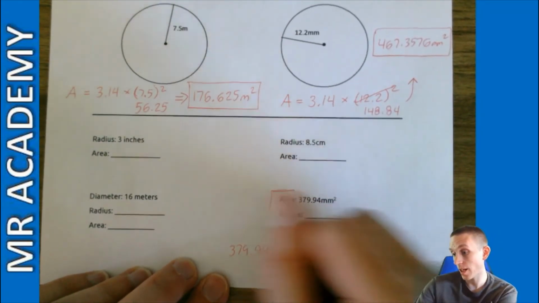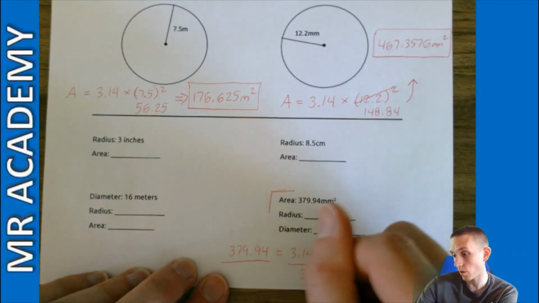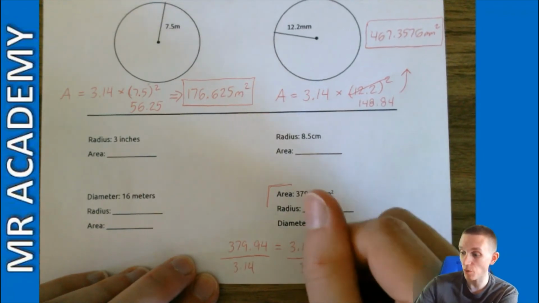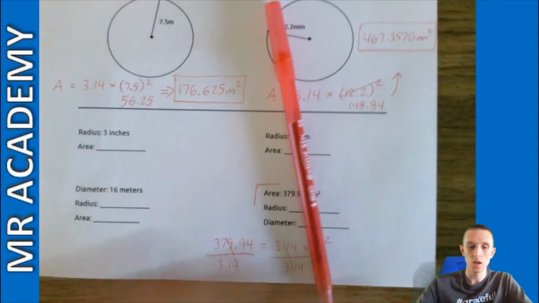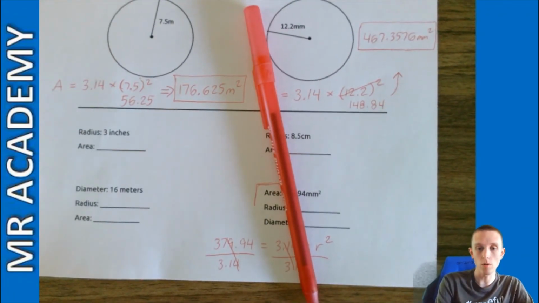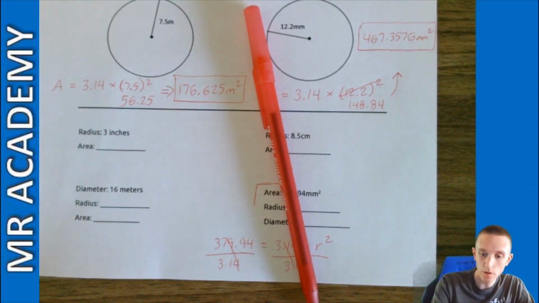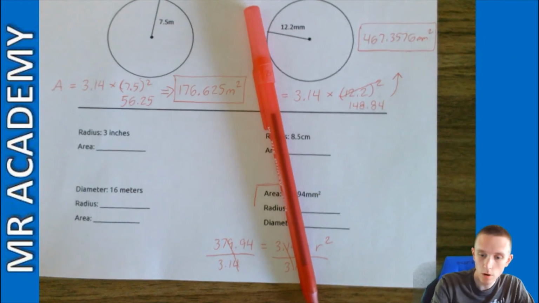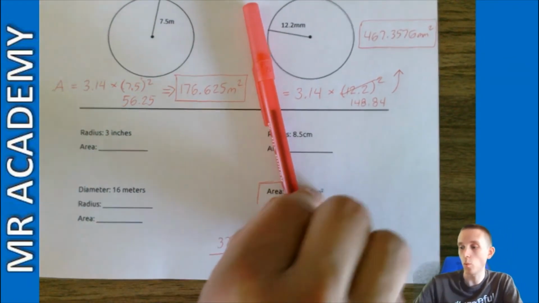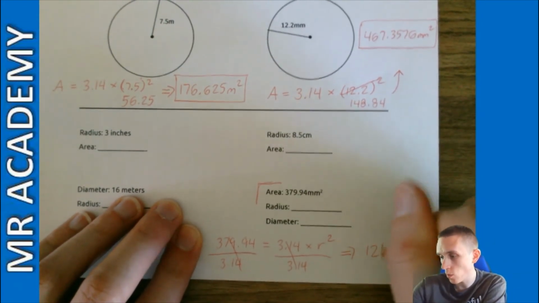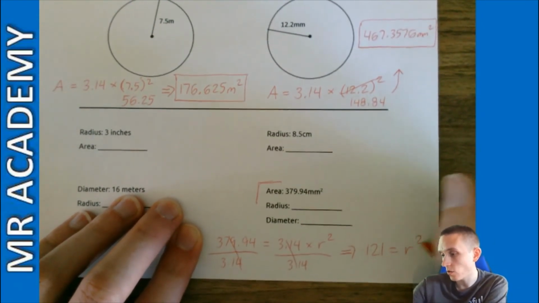Well, just like we did last time, we're going to work backwards. 3.14, 3.14, we're going to divide both sides by that. And once again, I'm going to get my calculator here. Don't know what that is off the top of my head. 379.94 divided by 3.14 gives me 121. So 121 equals our radius squared.